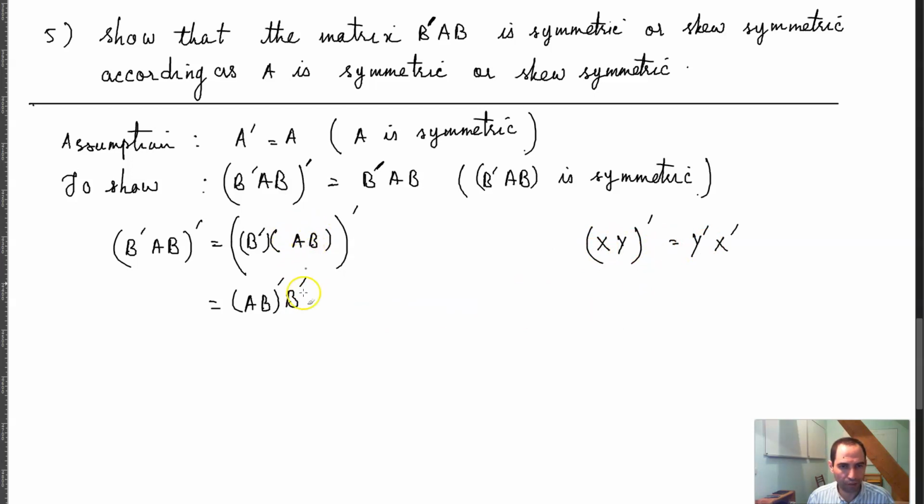So we have to write the AB prime first and then B prime next.